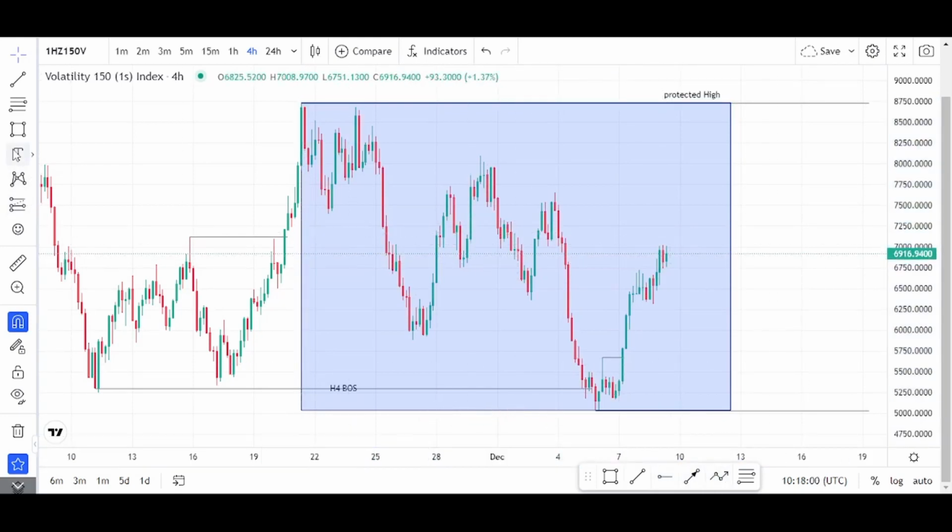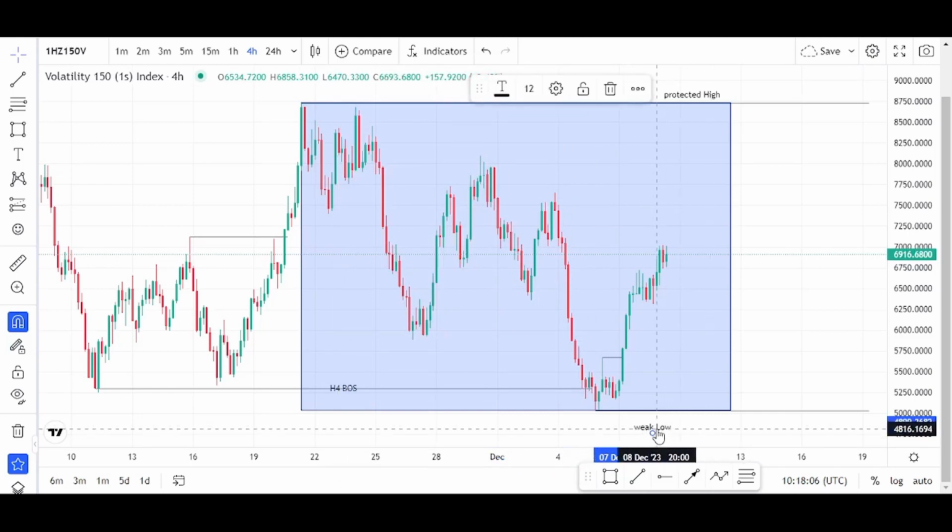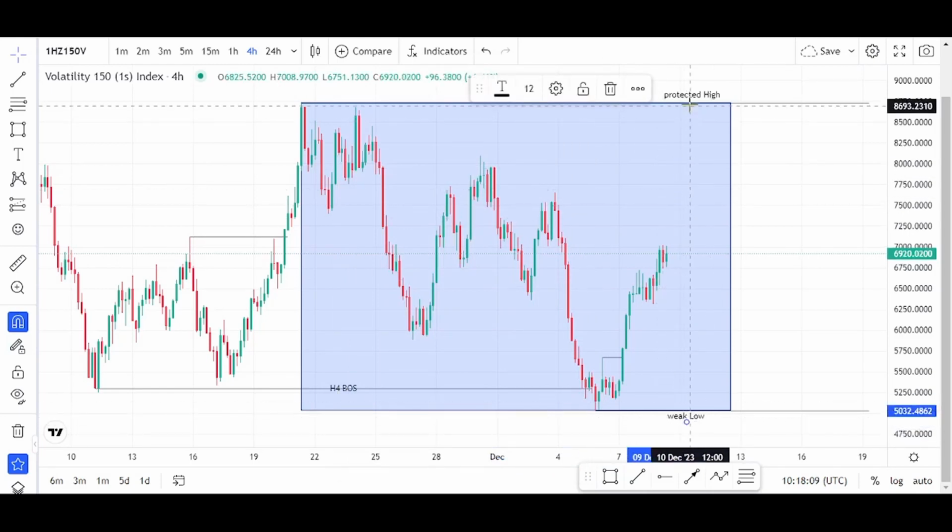Let me label them. That's our weak low, and this is our protected high.